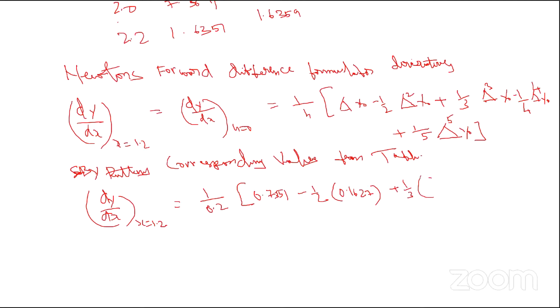Delta cube y naught is 0.0361, minus 1 by 4 delta 4 y naught. Delta 4 y naught is 0.0080, plus 1 by 5 delta 5 y naught. Delta 5 y naught is 0.0014.